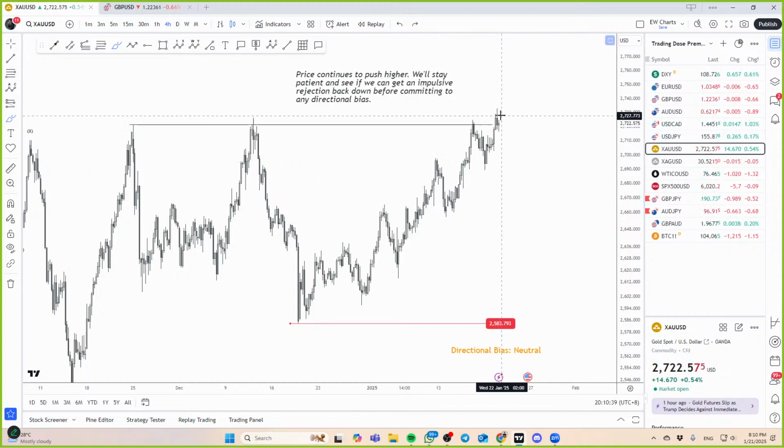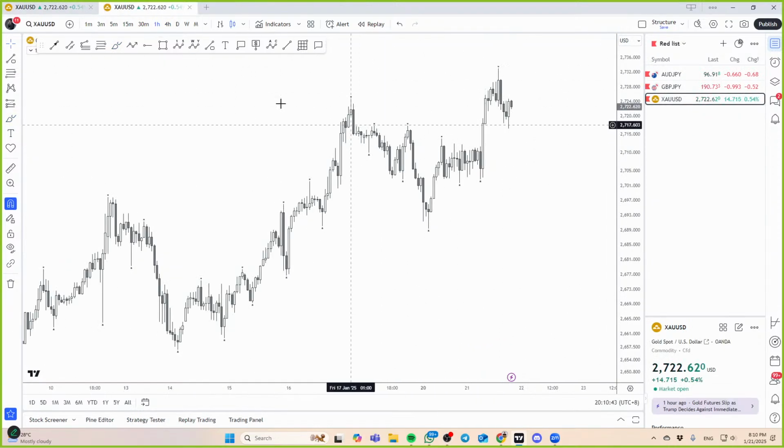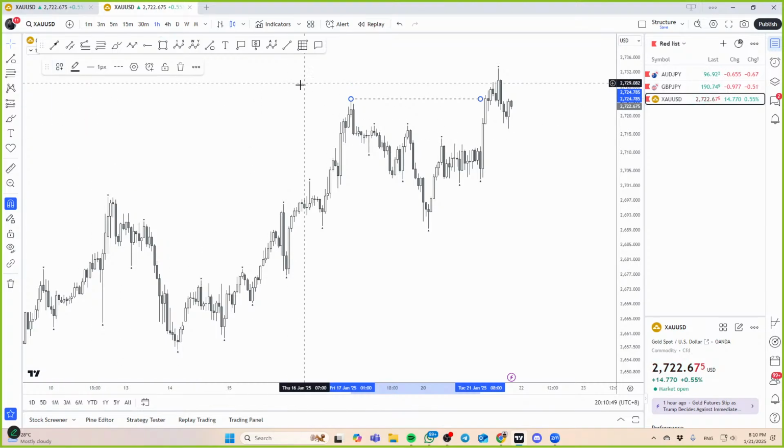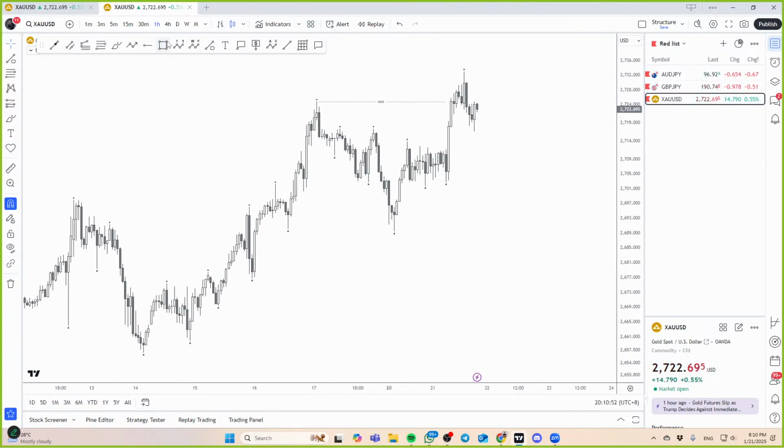Okay, so it needs a little bit of time because if I just bring you to the lower time frame, okay, we have our first potential criteria of a liquidity sweep. But for the liquidity sweep to be confirmed, we at least need this here to be broken, right? Which means price needs to come back down, take out the swing low.